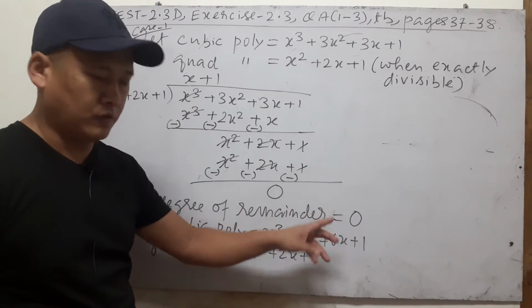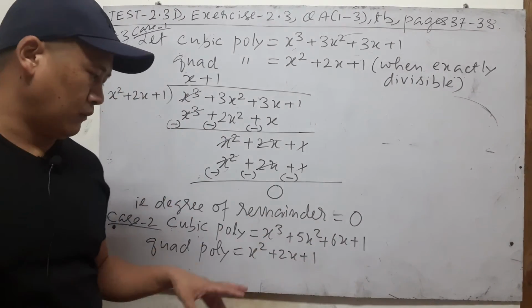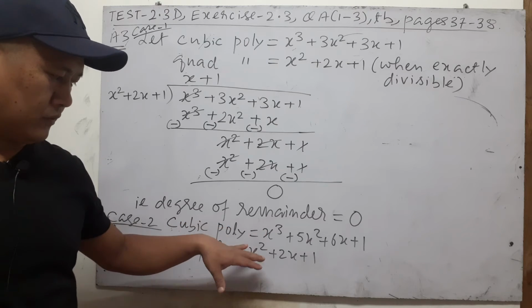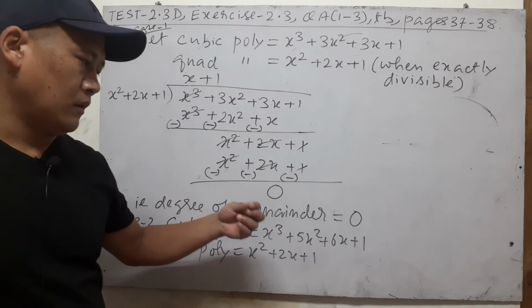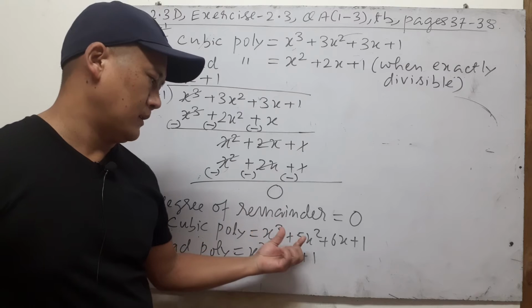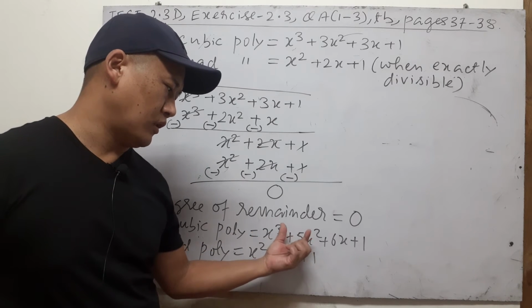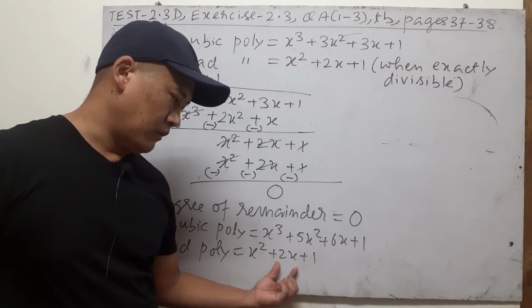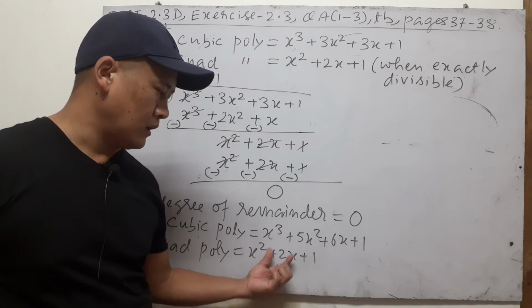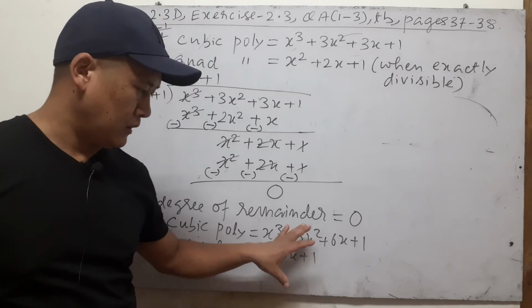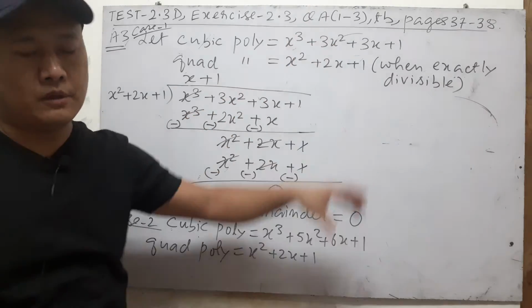I've already checked before, and you have to do likewise. Your examples need not be the same as mine, but you should consciously choose a cubic polynomial and a particular quadratic polynomial so that they are not exactly divisible in this case, and in the earlier case they are exactly divisible.